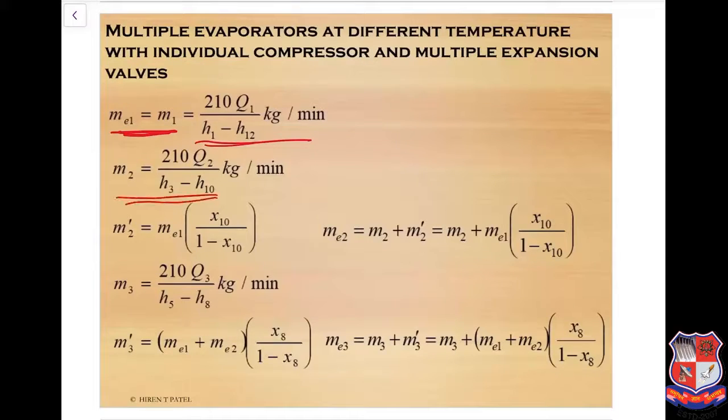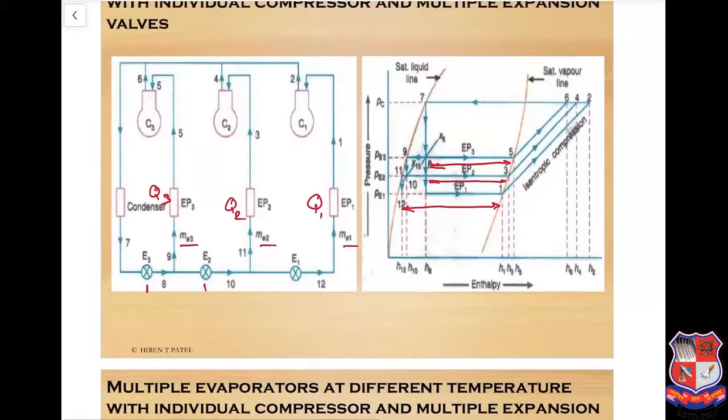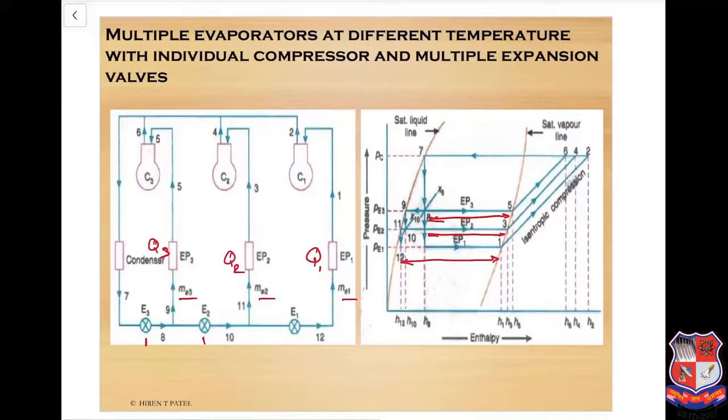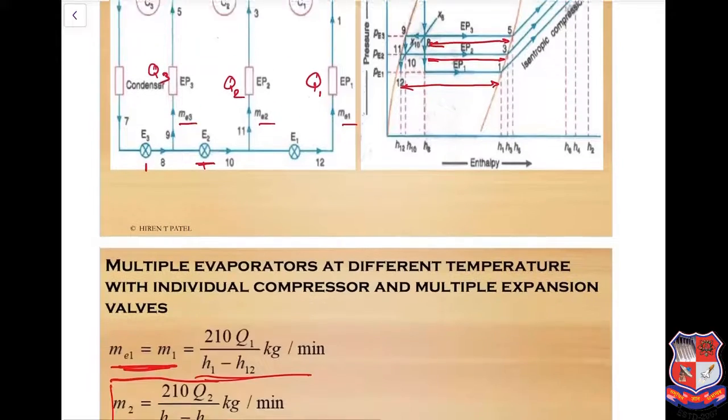M2 is the mass that is circulated through the second evaporator, but here with that liquid refrigerant some amount of vapor refrigerant is also circulated, that is the vapor generated by Me1, that is passing from expansion valve 2 also here. So Me1 and Me2 both are passing from E2.